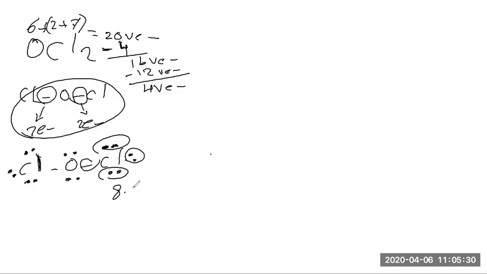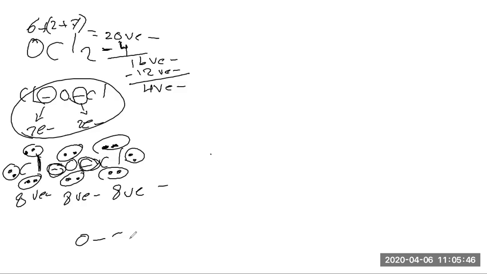So 8 valence electrons. Oxygen 2, 4, 6, 8. So it will be 8 valence electrons. Cl 2, 4, 6, 8. 8 valence electrons. So everyone achieved the octet rule. So this is the Lewis structure for the OCl2 molecule.